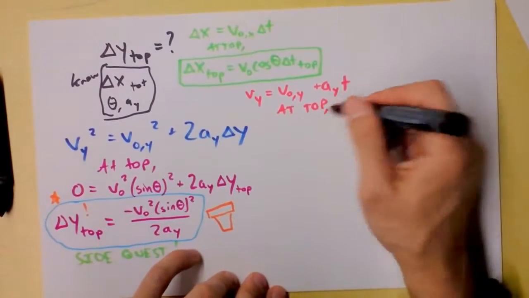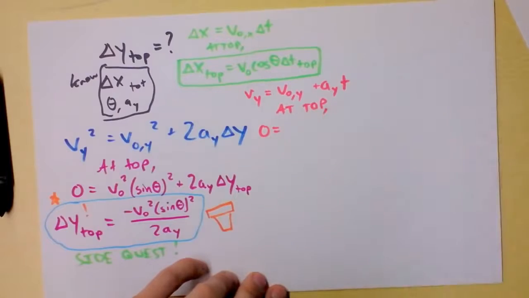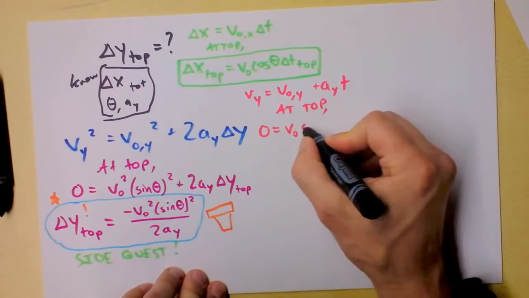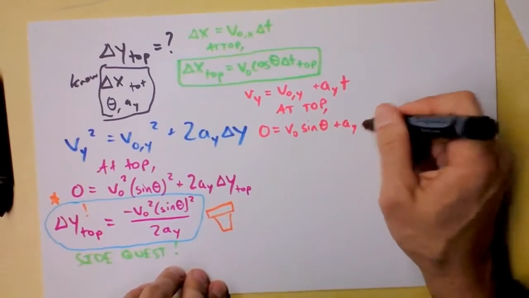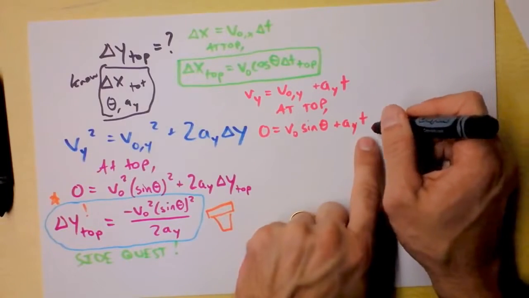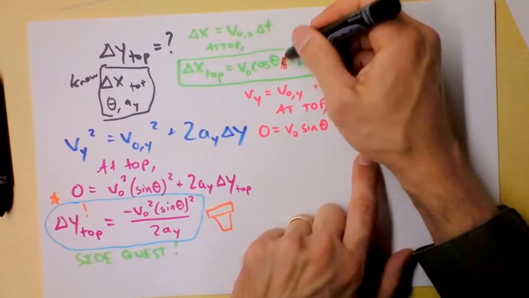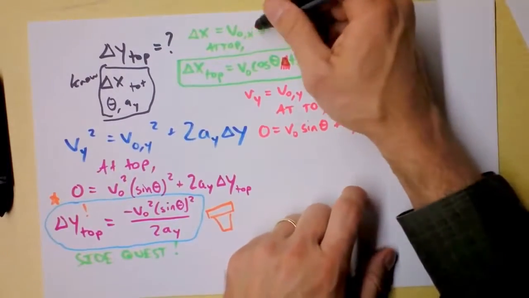At the top, we know 0 equals the initial velocity in the y direction, but instead, just as I did over here, I'm going to write v naught times sine of theta. Then I have to add the acceleration in the y direction times time, but this time is not just any time, it's time at the top. I've been putting in deltas and dropping out deltas all day, sorry about that. I will not put a delta in for time, I'll just say that that's time right there.